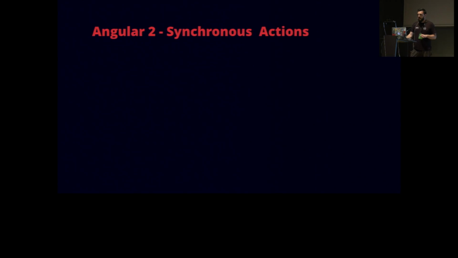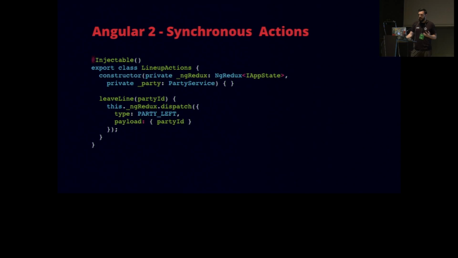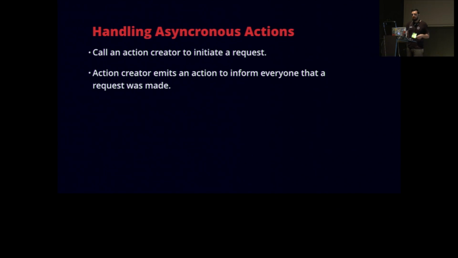If you're doing a synchronous action, it's pretty straightforward. All you have to do is dispatch and provide a JSON object that is the action you want to fire. If you want to handle an asynchronous action, this is also fairly easy with NG2 Redux. The pattern that we tend to use is to call an action creator that initiates the request and notifies everyone that this action is about to happen.